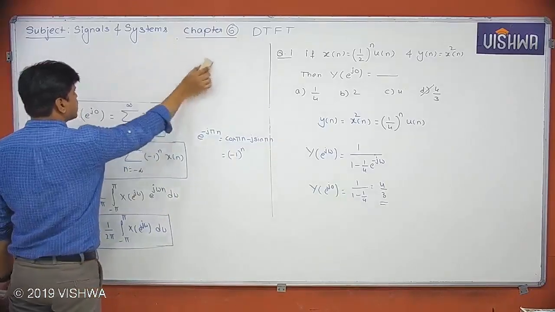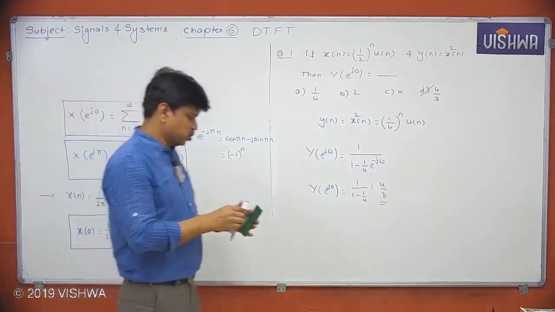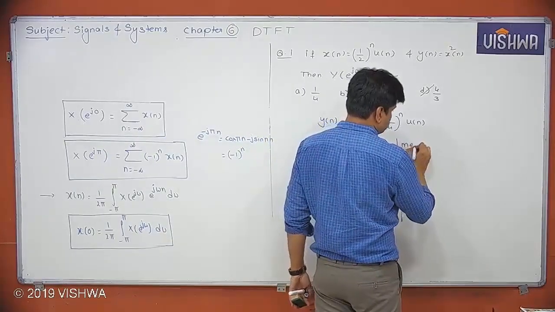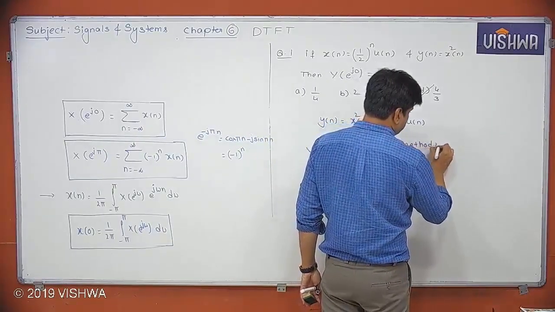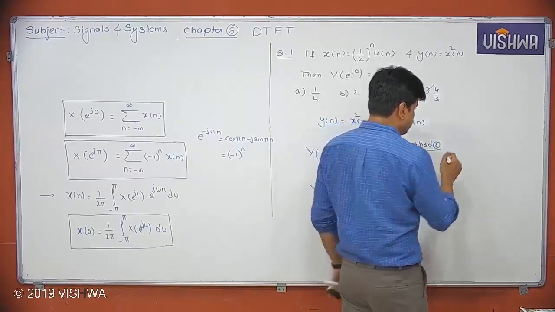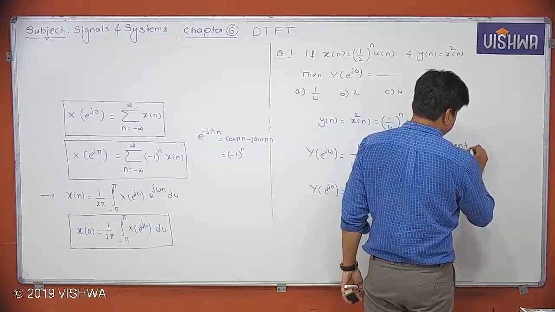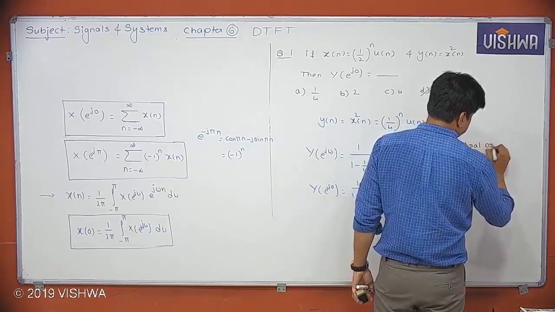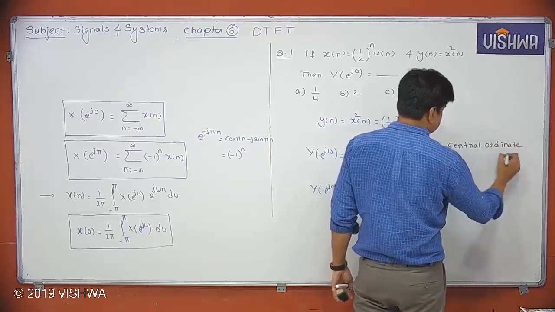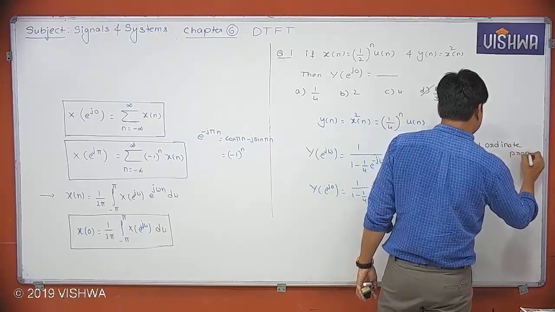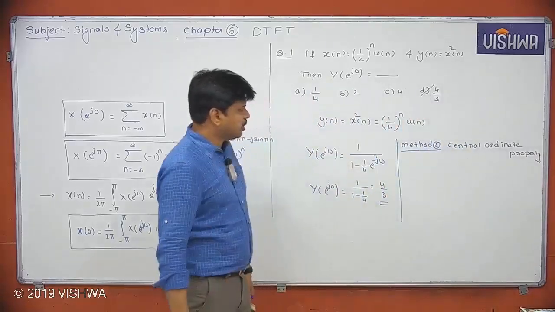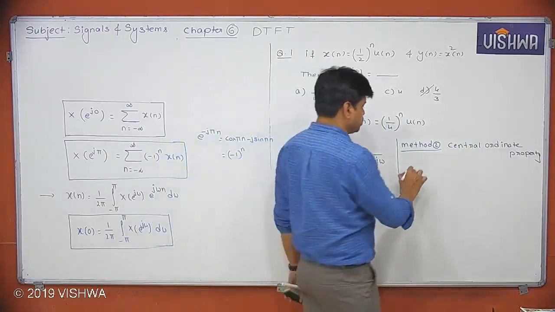Or we can use the central ordinate property also here. Method 2: central ordinate property. What is central ordinate property? Let's see. Once we got y of n, they want to find out Y of e power j0.